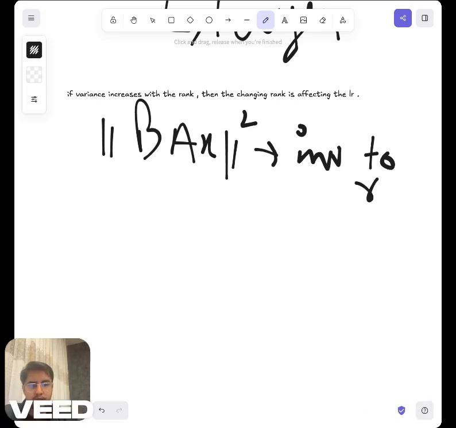So this is our central scaling requirement: regardless of the rank, regardless of input dimensions or the layer size, the expected energy of the LoRA output should stay controlled, which is what variance preserving means here.